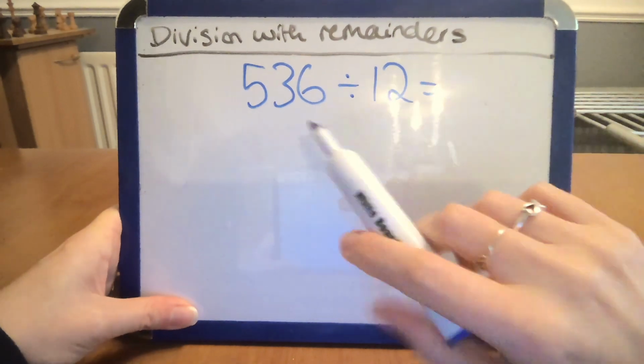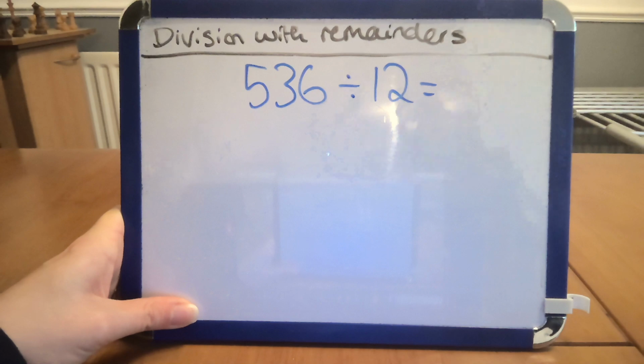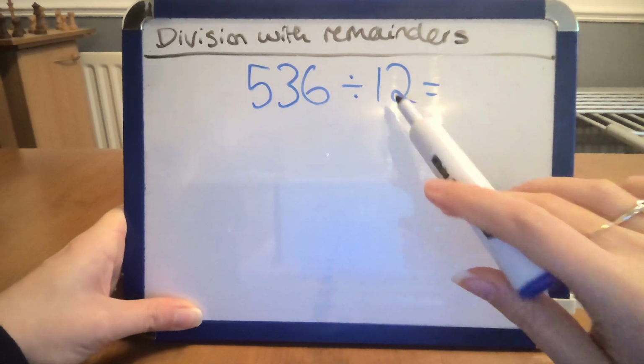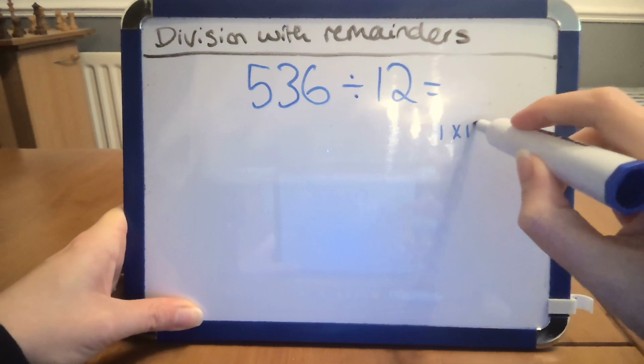Okay, so you should now notice that this is a 3-digit number divided by a 2-digit number. These can be quite intimidating. What I would recommend is, because it's 12 times table, if you know your 12 times table, then you can just go through and write it down.